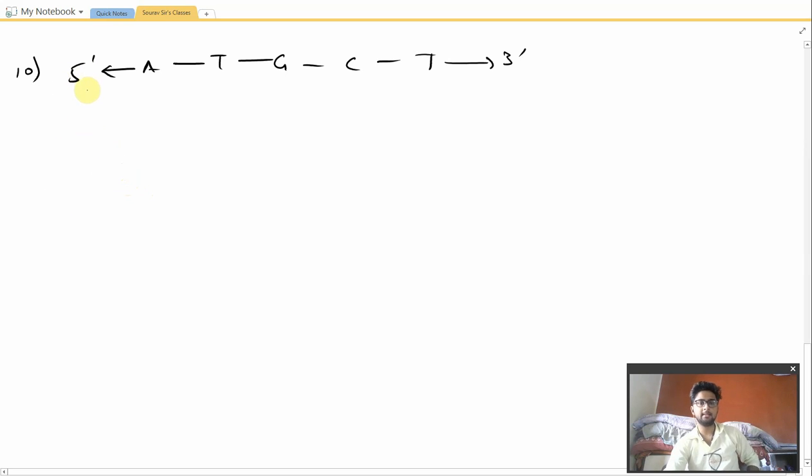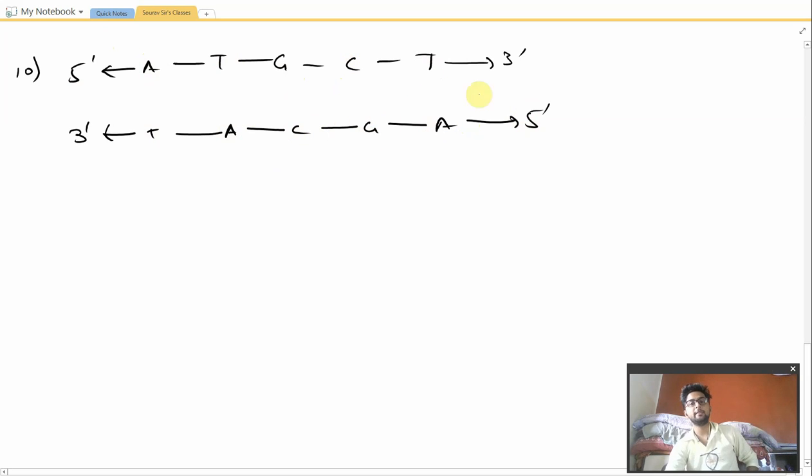Now as the strand runs from 5 dash to 3 dash, the complementary strand would be from 3 dash to 5 dash. Now A bonds with T, T with A, G with C, C with G, and A with T. So A is bonded with T, T is bonded with A, G is bonded with C, C is bonded with G, and T is bonded with A. Here the strand starts from 5 dash to 3 dash, and here the strand starts from 3 dash to 5 dash.